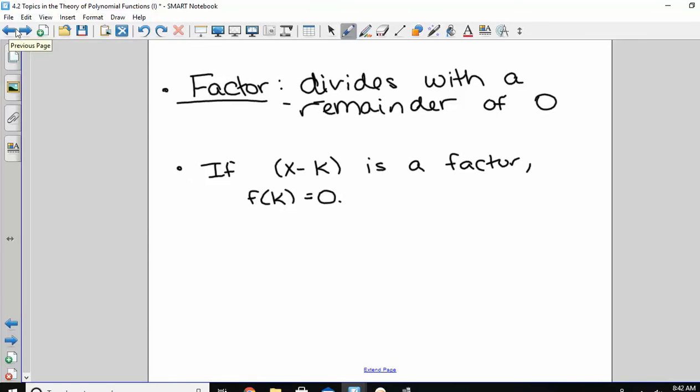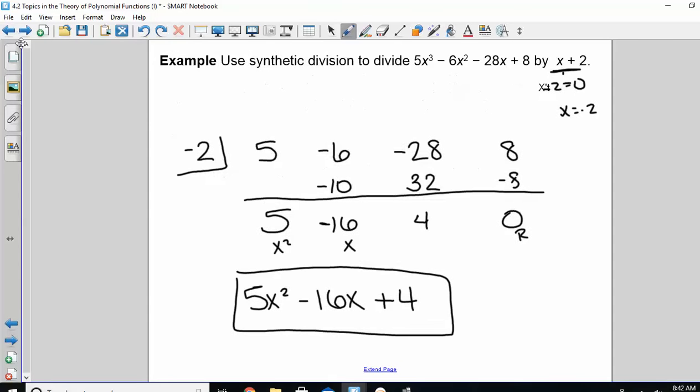What I mean by that, look back at this previous one. Grab your calculator. We did our synthetic with negative 2. What I want you to do is plug a negative 2 in for your x on this. So go back, put a negative 2 in for all of the x's. Make sure you put the negative 2 in parentheses with the exponent on the outside.